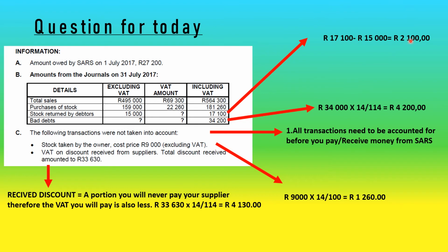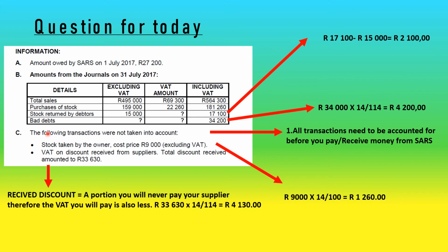The easiest way to do this, in this case where you've got both your VAT excluding and your VAT including amount, and you're not sure whether to multiply by 14 over 100 or by 14 over 114, is to say including VAT minus excluding VAT, which will give you your VAT amount of 2,100. In that way, you've determined your accurate amount of VAT.